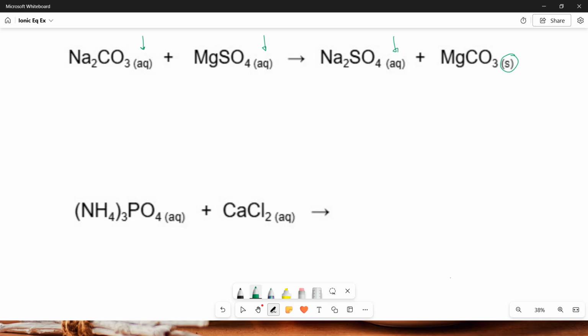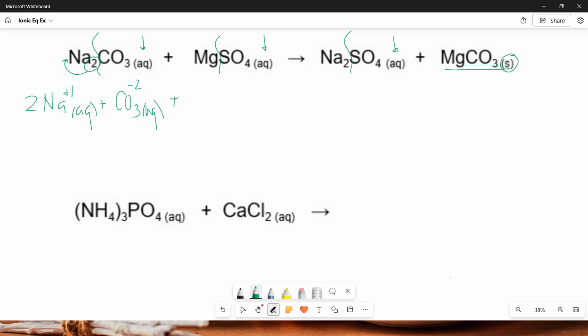So the first thing that I need to do is break down my compounds that are aqueous into their ions. I am going to leave the solid intact. In the next line, the complete equation, I'm going to bring this 2 up in front for the sodium, so 2 sodium ions, aqueous, and 1 carbonate. You may have to get an index out to remember all the charges.